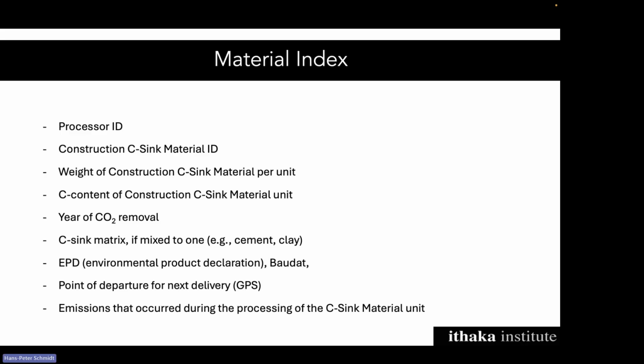These are procedures that are sometimes a bit difficult to implement at the processor when he is not used to them. We see this also from biochar production. Still today companies have difficulties measuring the dry matter of biochar, but when you analyze the material, you get the carbon content as a percentage of the dry matter.